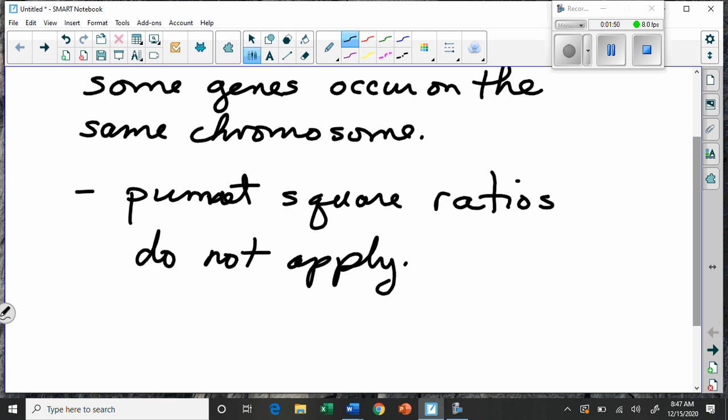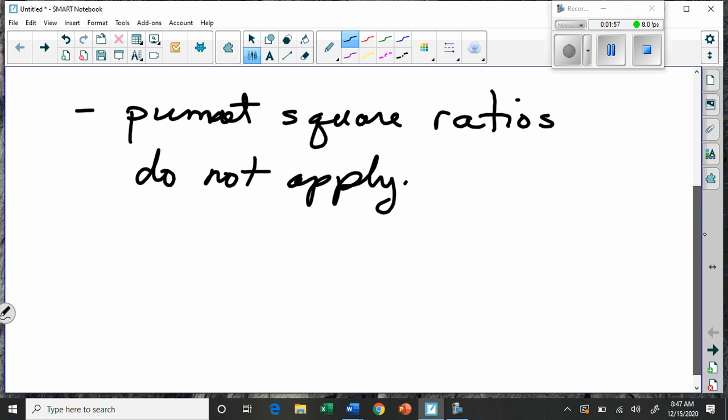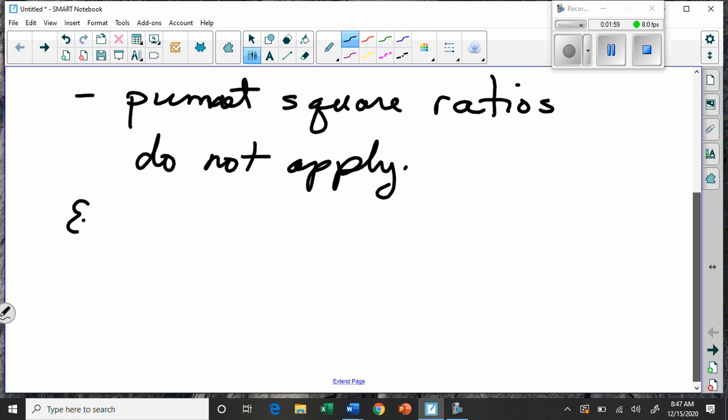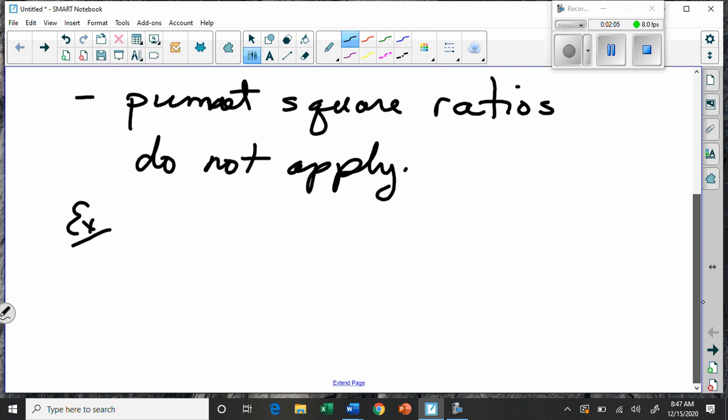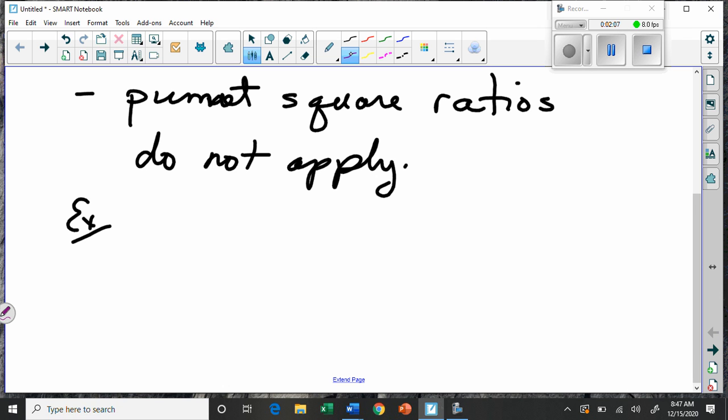So you'll remember how if we took a particular flower. For example, let's just take this example. This is from your textbook. There's a purple flower, and we're crossing it with a red flower.